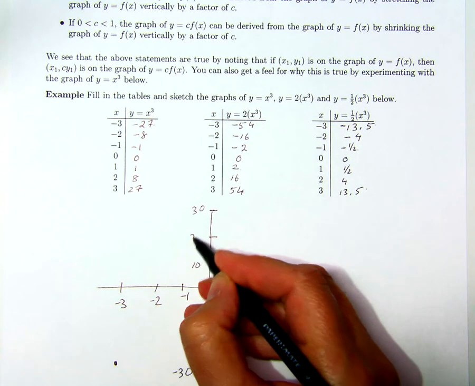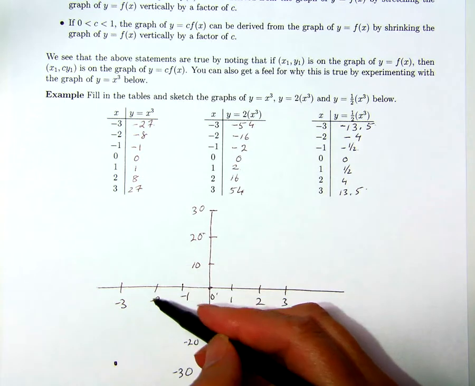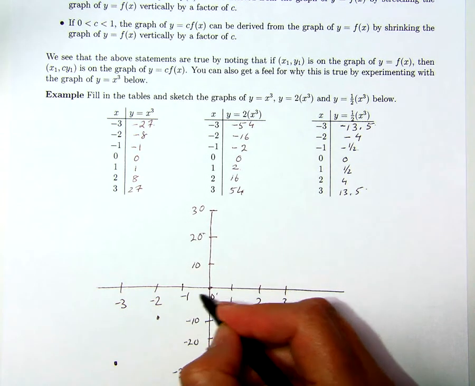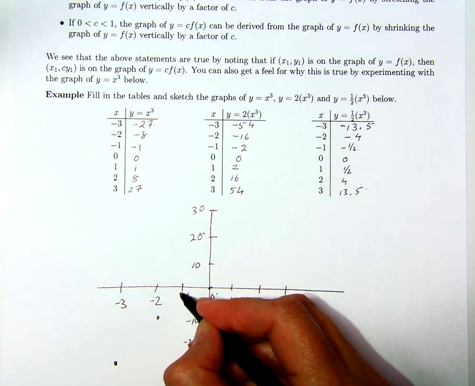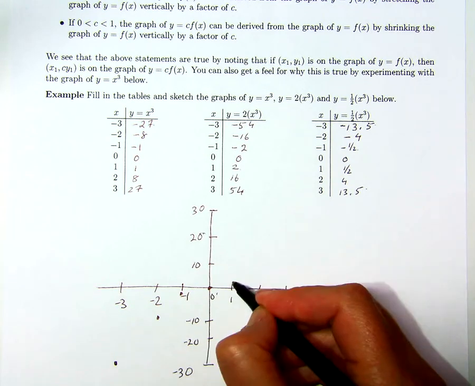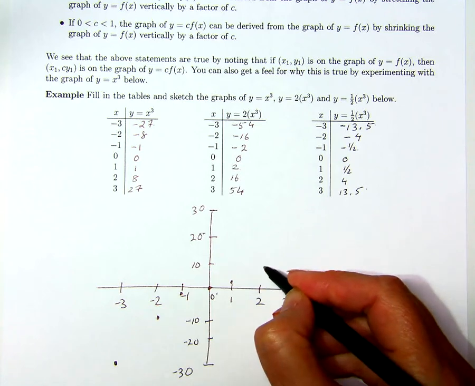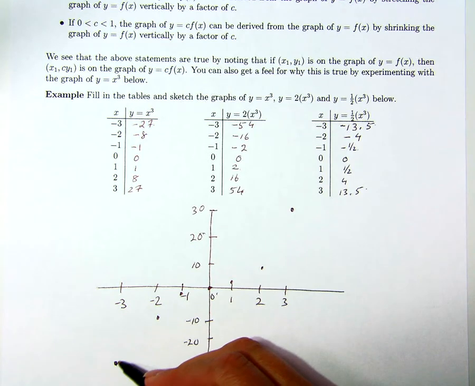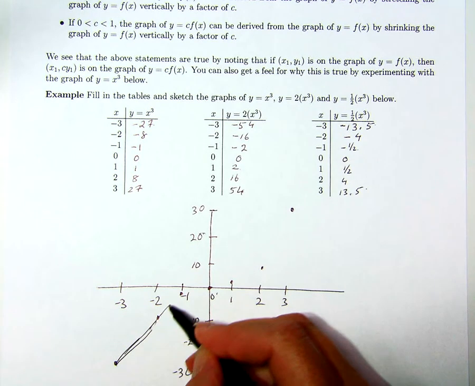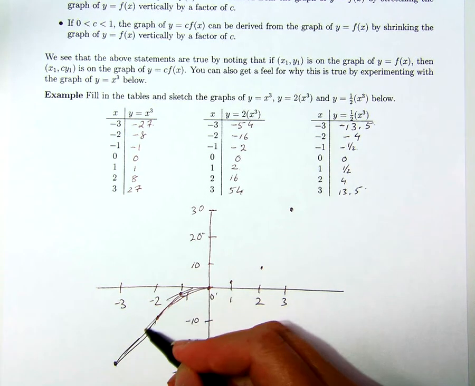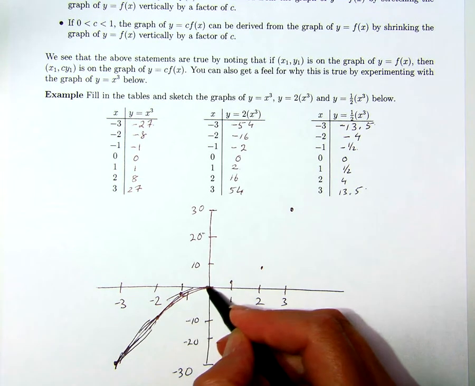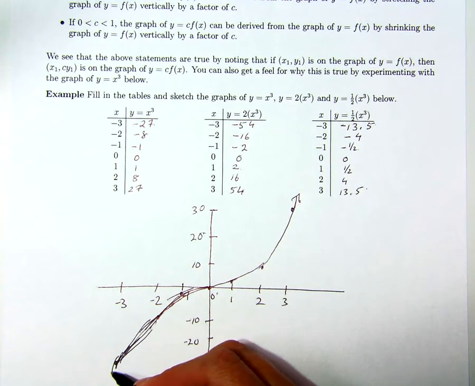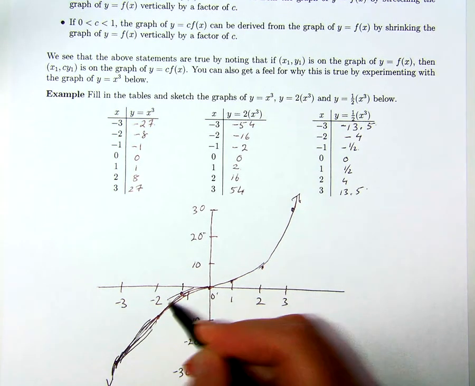Again, we're just talking a very rough sketch here. Minus 2, minus 8, minus 1, minus 1, 0, 0, 1, 1, 2, 8, and 3, 27. So it's our basic graph y equals x cubed, and obviously this should be smooth, but I haven't quite done a good job on the scaling, so that looks a little messy, but you get the idea.